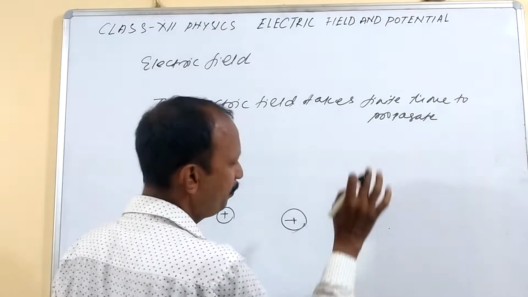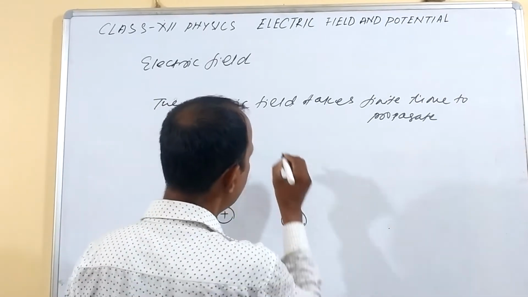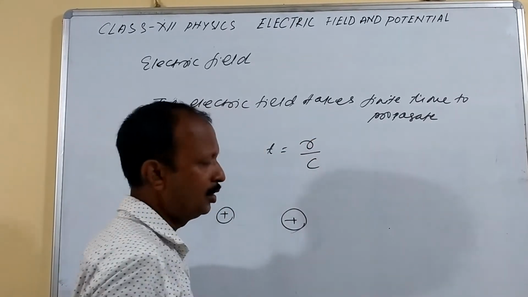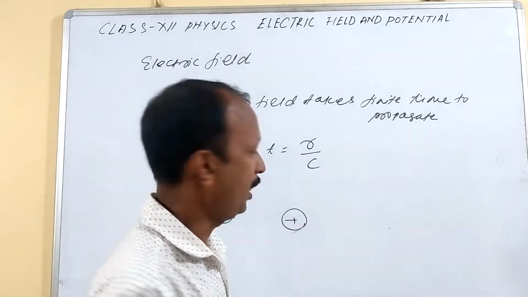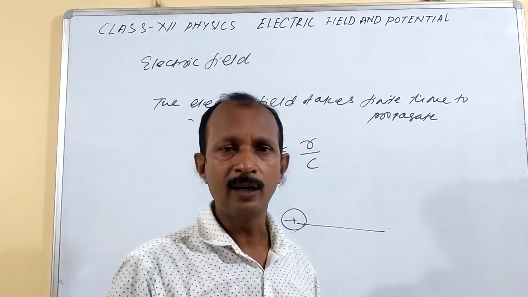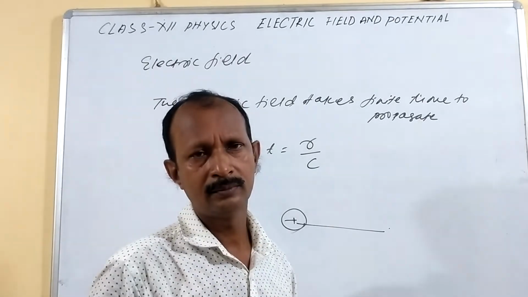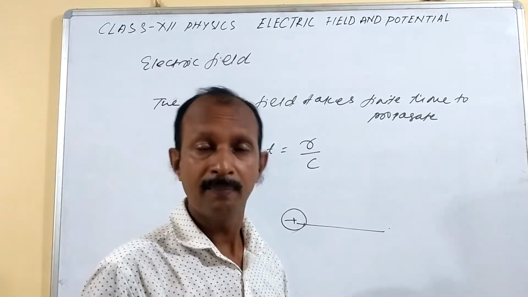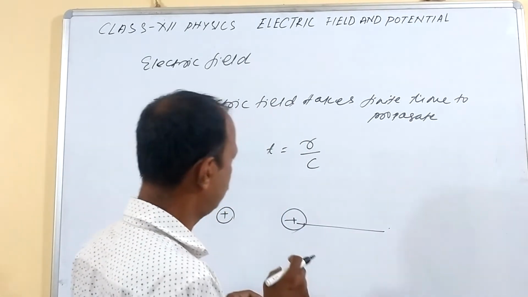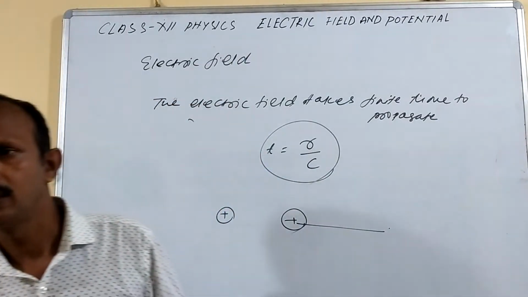So the field at a particular point will take time t equal to r by c, where r is the distance and c is the speed of light. We can calculate the time by using the formula r upon c.